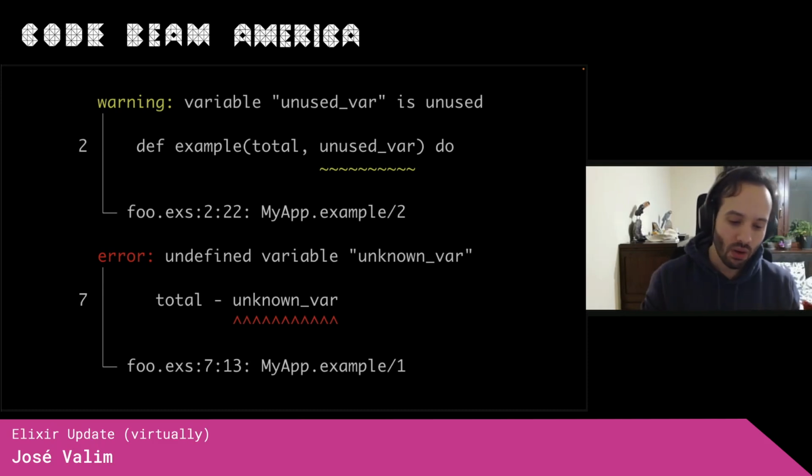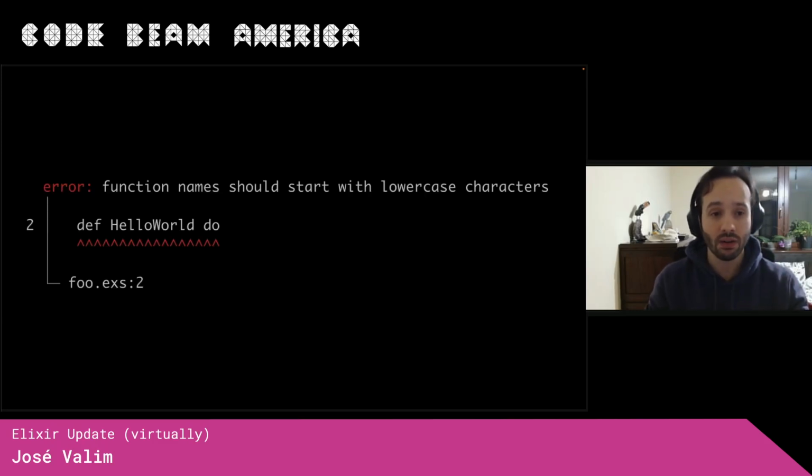The nice thing about all of this is that the way we surface this information, we are surfacing all the way up to the build tools, which means that your editors will be able to pick up this information as well and show it very precisely. We did that for warnings and for errors.